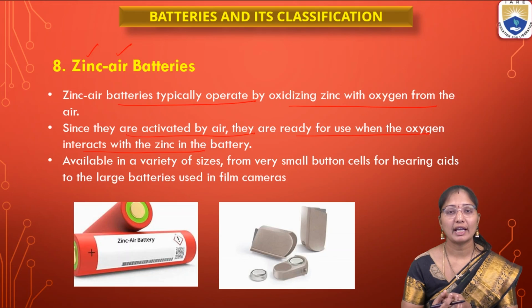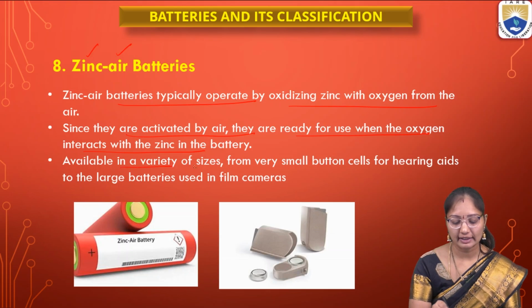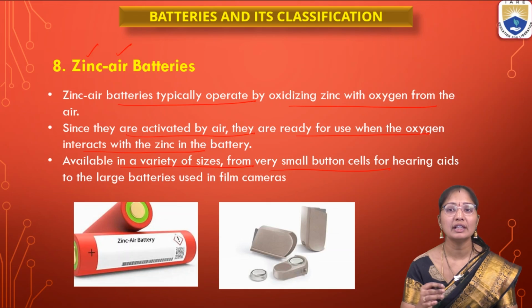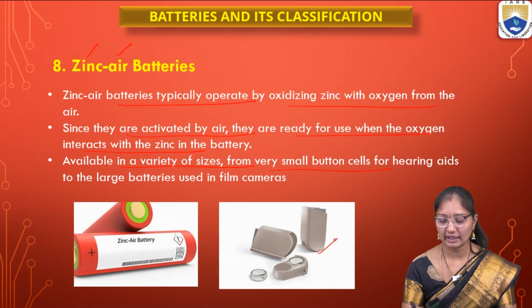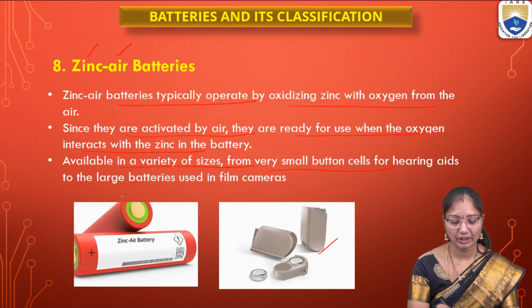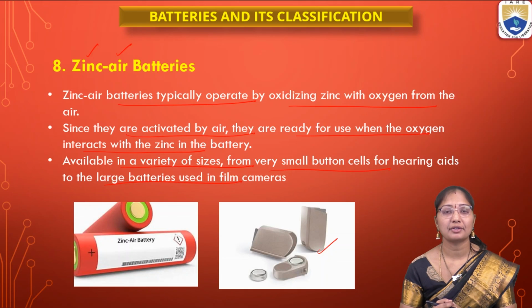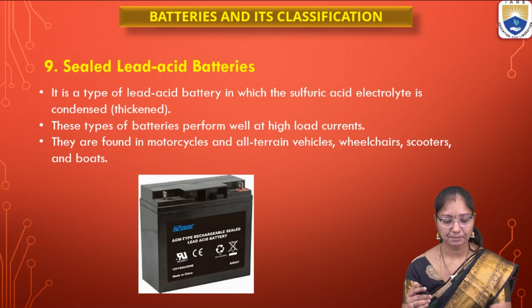So the air acts as a source to supply oxygen, and it starts working when it interacts with the oxygen. They are available in a variety of sizes, from very small button cells which are used in hearing aids, to large batteries which are used in film cameras.